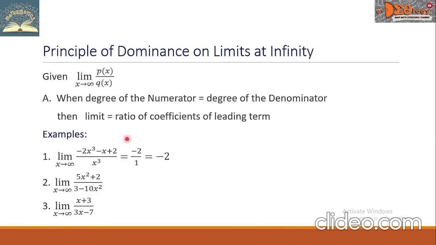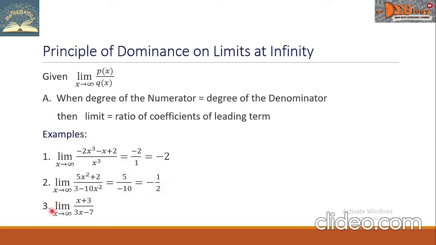Therefore, the limit is the ratio of coefficients of leading term. In the numerator, the leading term is the 5x squared. In the denominator, the leading term is the negative 10x squared. Therefore, the limit is 5 over negative 10. We can simplify this as negative 1/2.